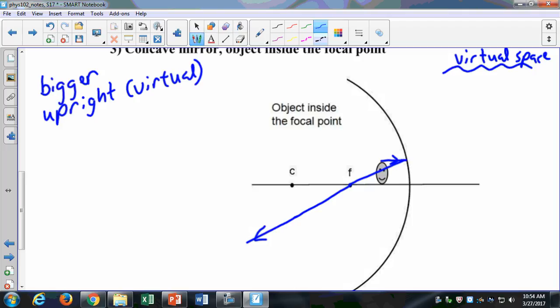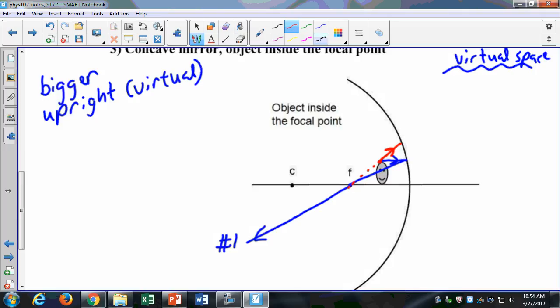So this is ray number 1. Ray number 2 is kind of funky. I'm going to go through the focal point and then parallel to the axis. So kind of like what we did before, I imagine a ray coming from the focal point, like that, such that if you were to trace it back, it would go through the focal point.